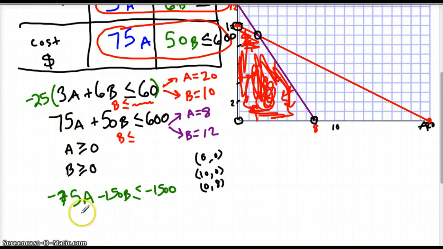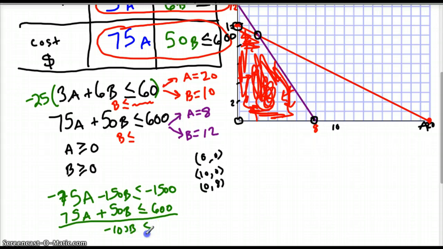And the other equation is as is, 75A plus 50B is less than or equal to 600, and we'll end up with negative 100B is less than or equal to negative 900.